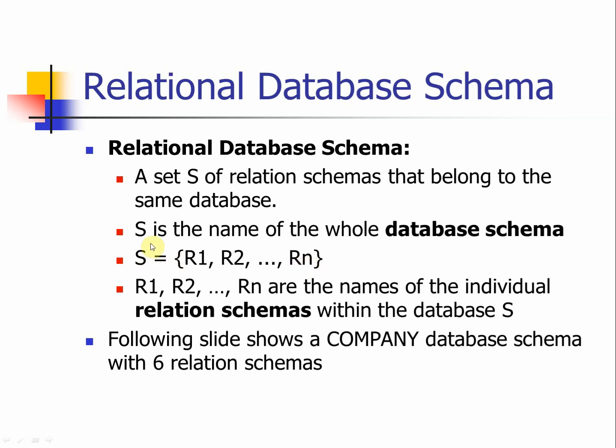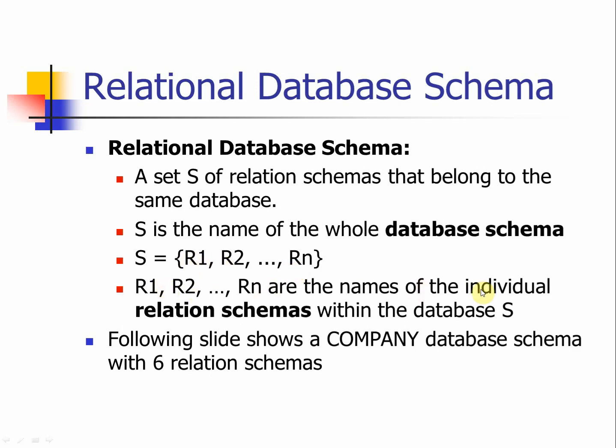In our company example, S is a company database. So a company database is composed of different tables, including employee, department, projects, as well as dependents, for example. You won't really see the company inside the relational schema diagram, but what it's trying to say is that these relations combined together form a company database.